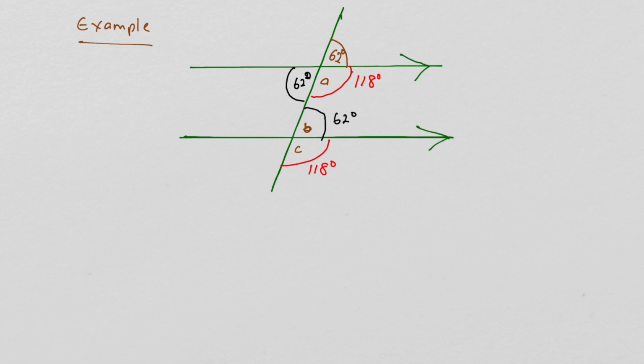This one is an alternate angle, that will be 62. And allied angles, 62 plus 118 must be equal to 180 degrees because that's inside a little container. The interior angles here will be equal to 180, and they're called allied angles.